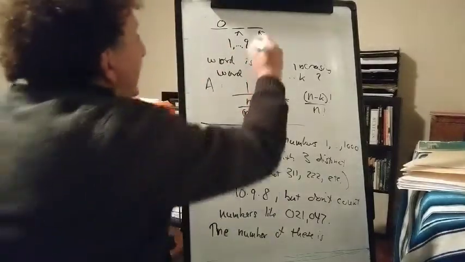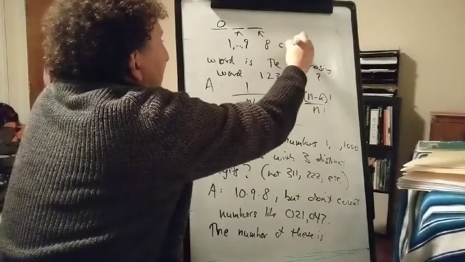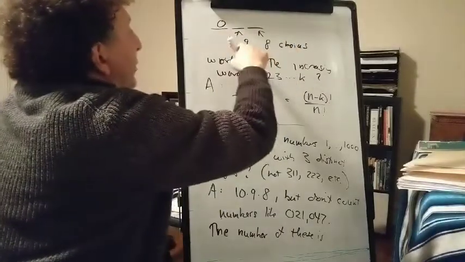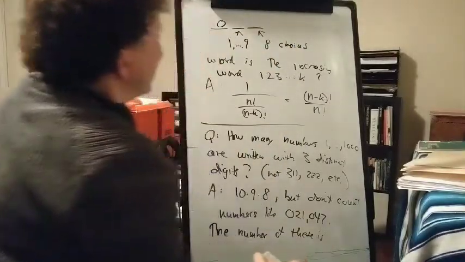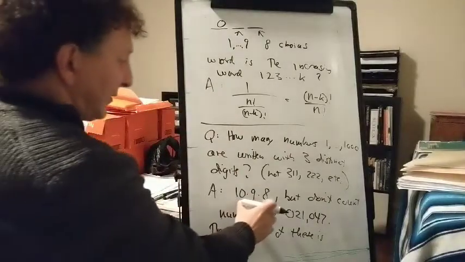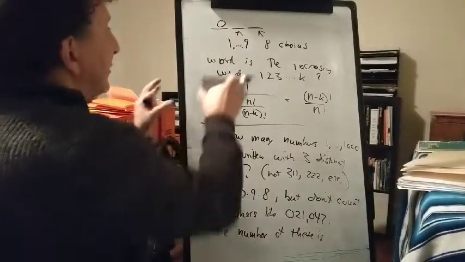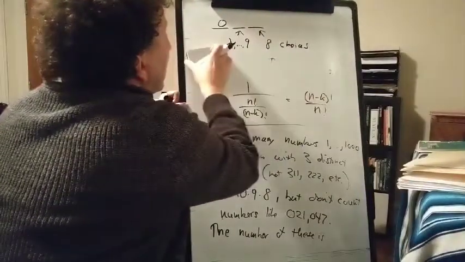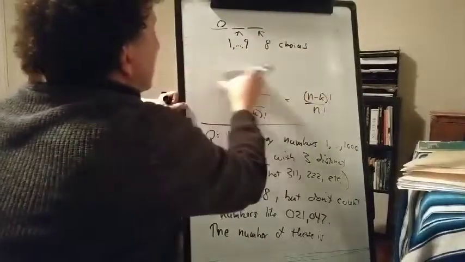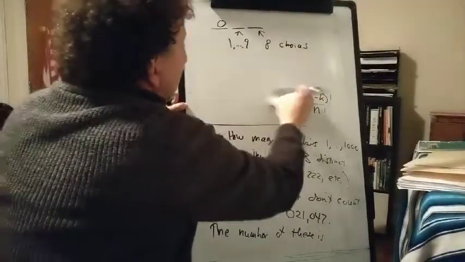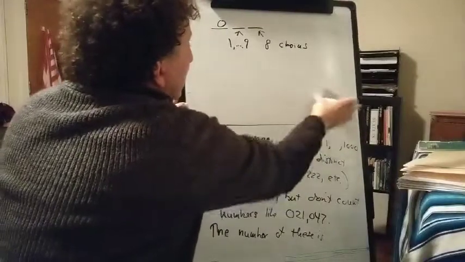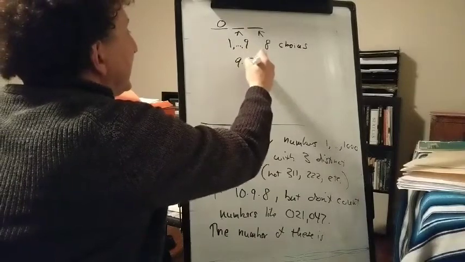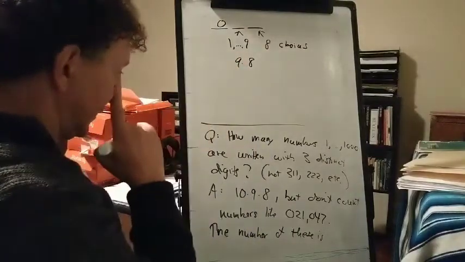So this is 1 through 9, and this has 8 choices. So there's 9 choices for here, 8 choices for there, so 9 times 8.